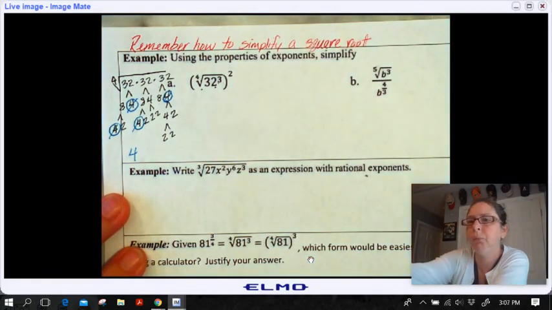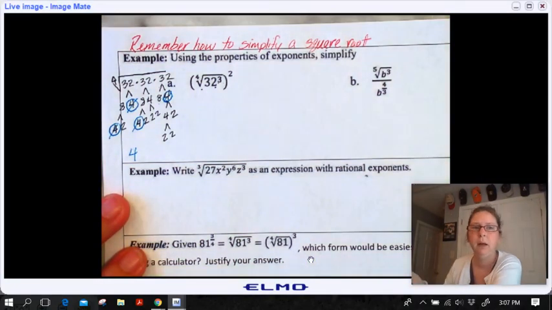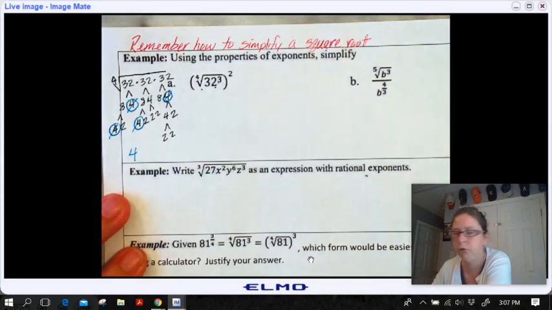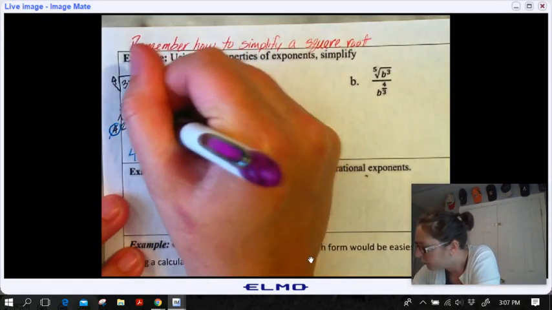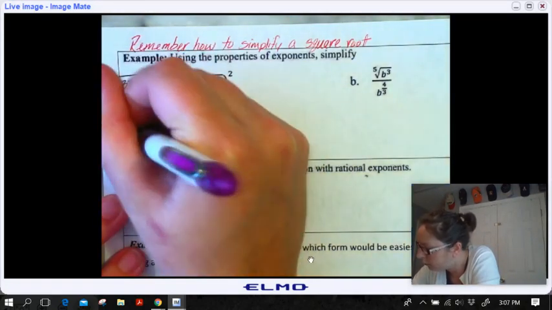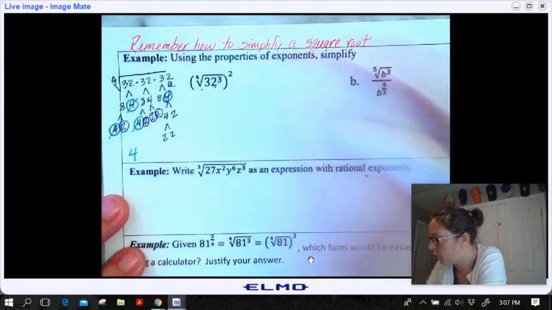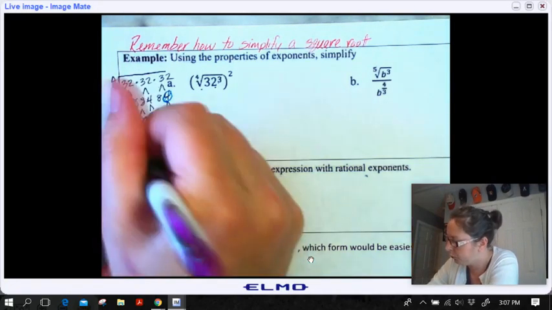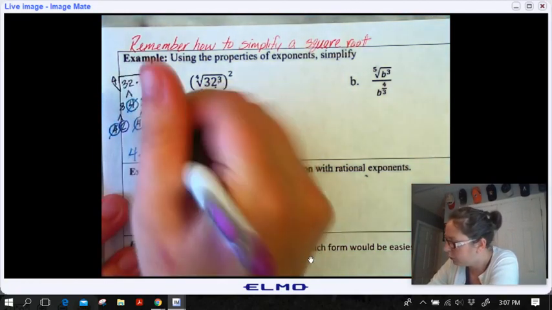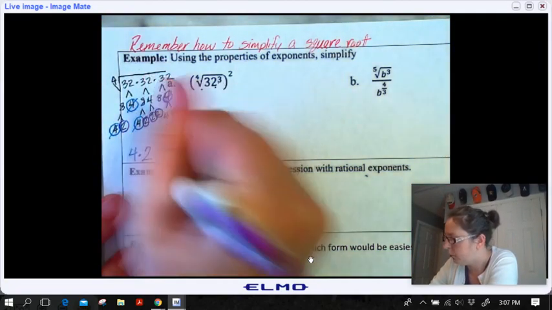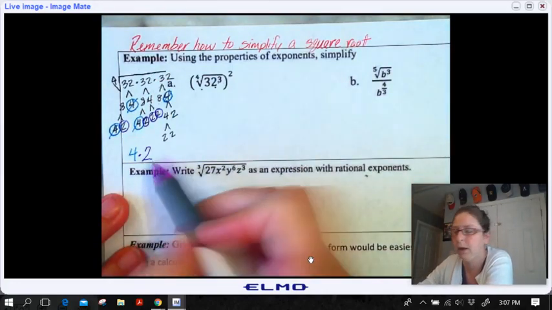Let me get a purple pen. And I'm going to try to circle 4 2s, okay? 4 2s. So 1, 2, 3, 4. So I got 4 2s. So I got 1 group of 2s came out.